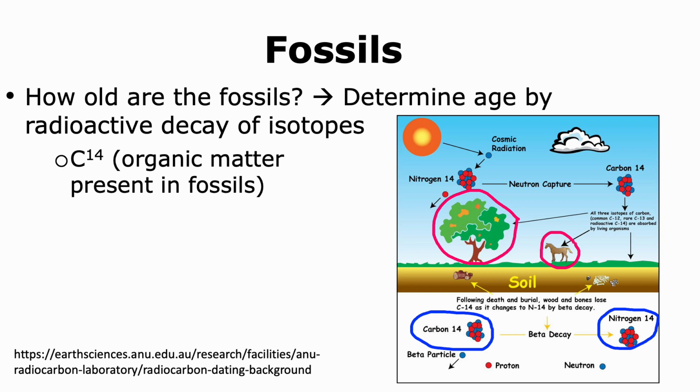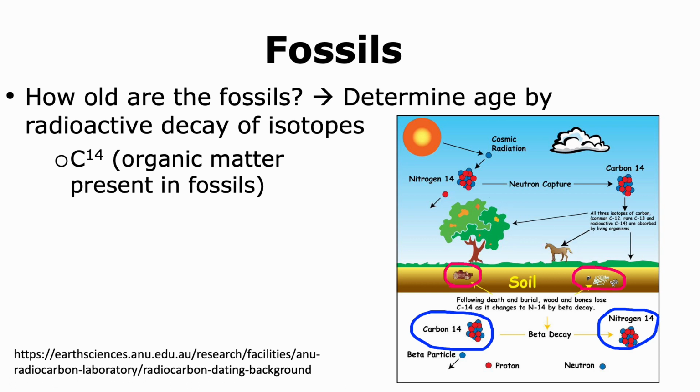Now, in the case of living organisms, even though this decay of carbon-14 occurs, because there is a constant intake of carbon-14, the organisms will still have some amounts of carbon-14 in their systems.